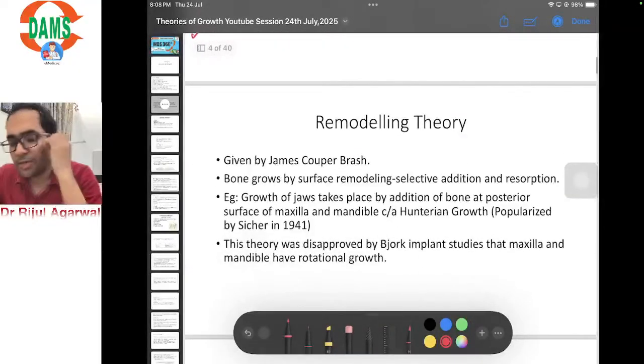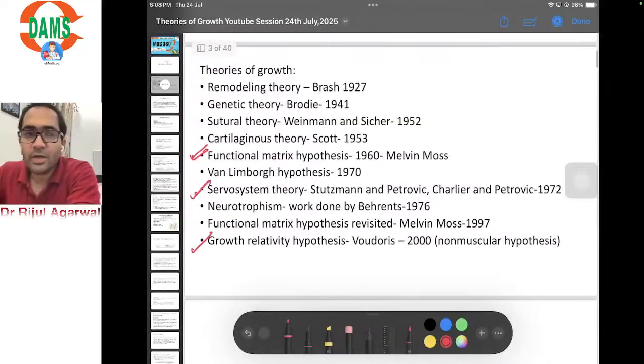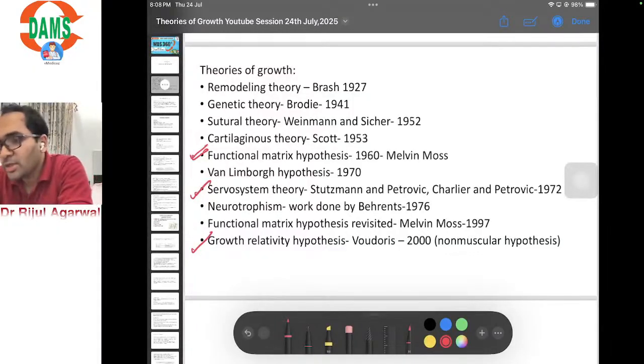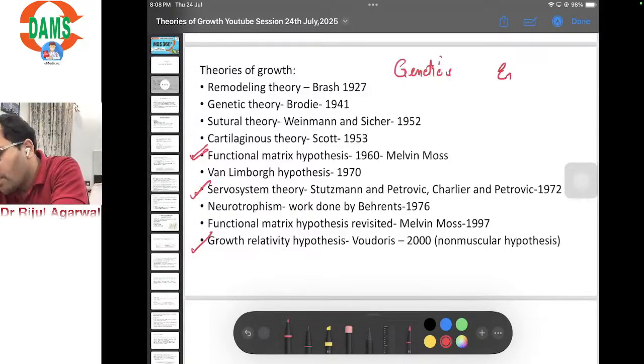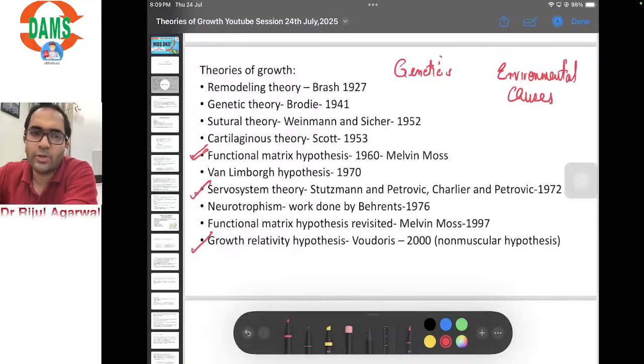Whenever you study theories of growth, do study them in this order only, because there is a reason, apart from the year in which they were given, that the first initial theories gave more importance to genetics, and later on environmental causes were also included.